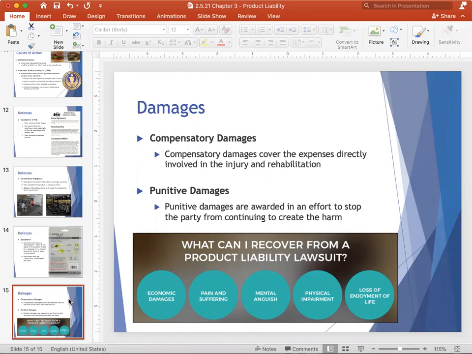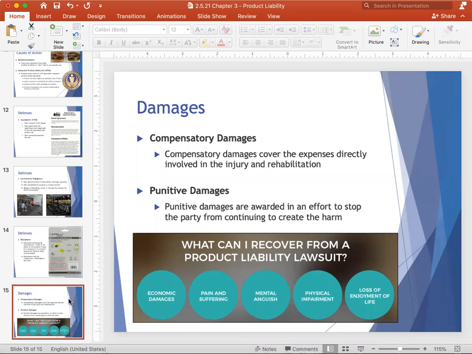Or for those who are maintaining products, equipment managers, if you're not maintaining them properly, if you fail to inspect the products regularly, if you fail to get the products tested and checked, you could potentially be liable for punitive damages.